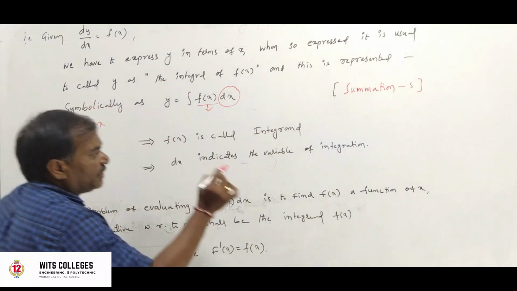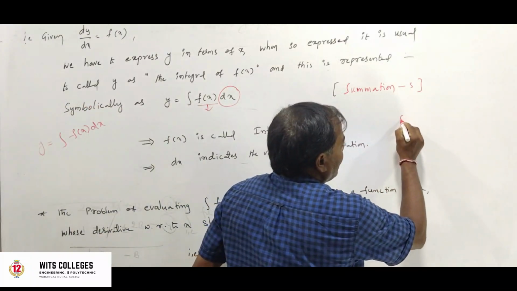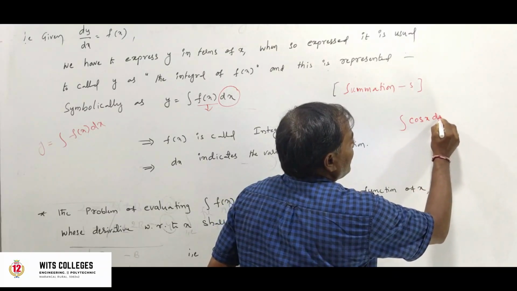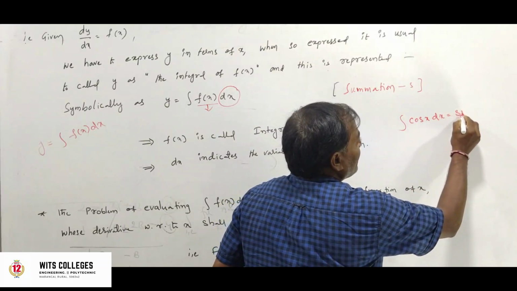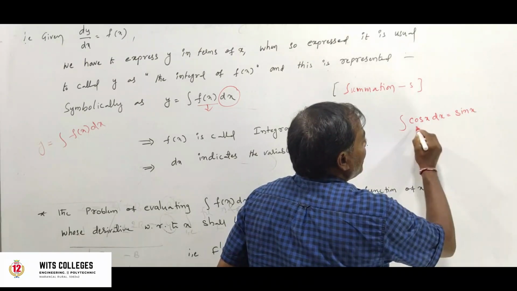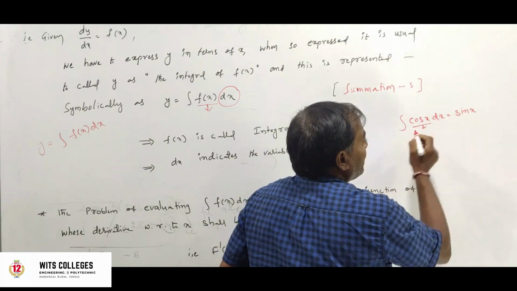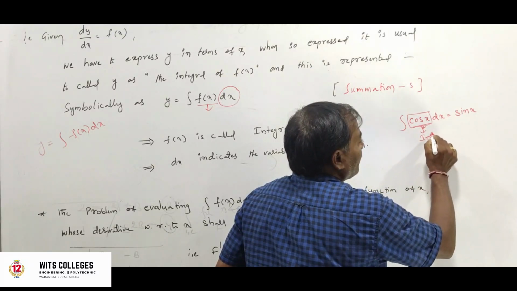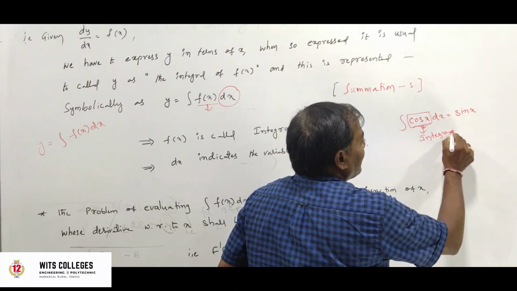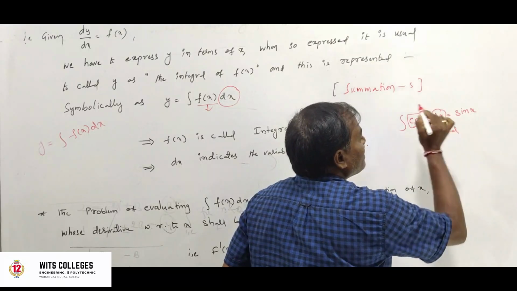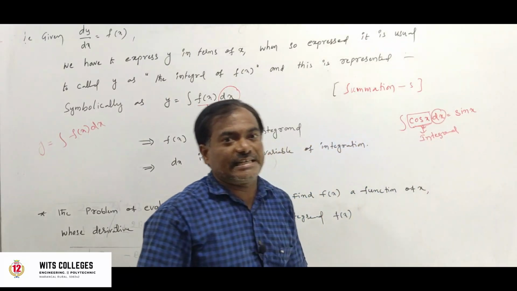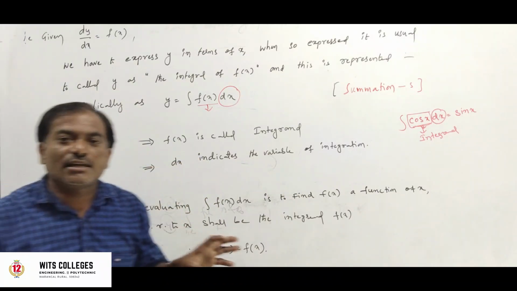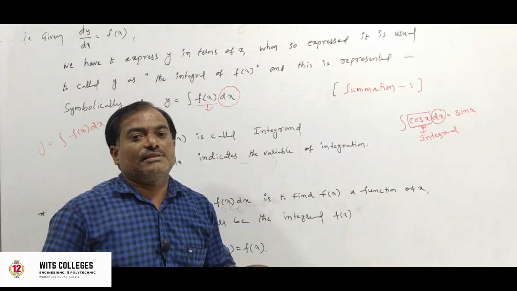So integral cos x dx equal to sin x, which means we get the original function. Here cos x is the integrand, and this is the variable of integration. This is a simple example of integration.